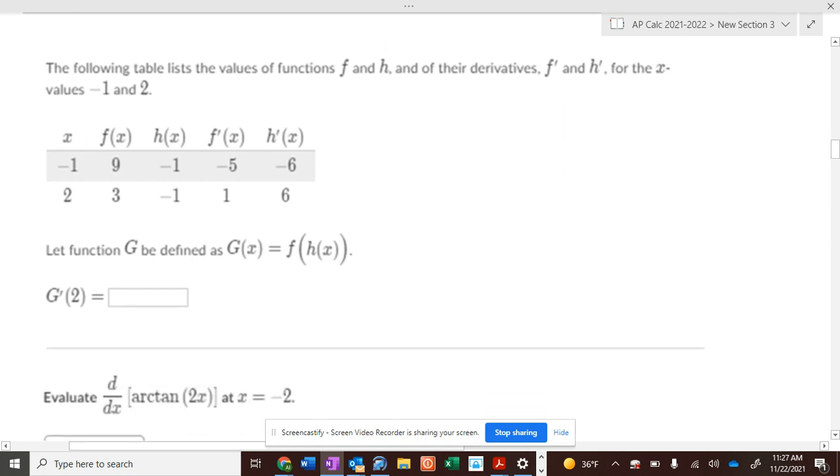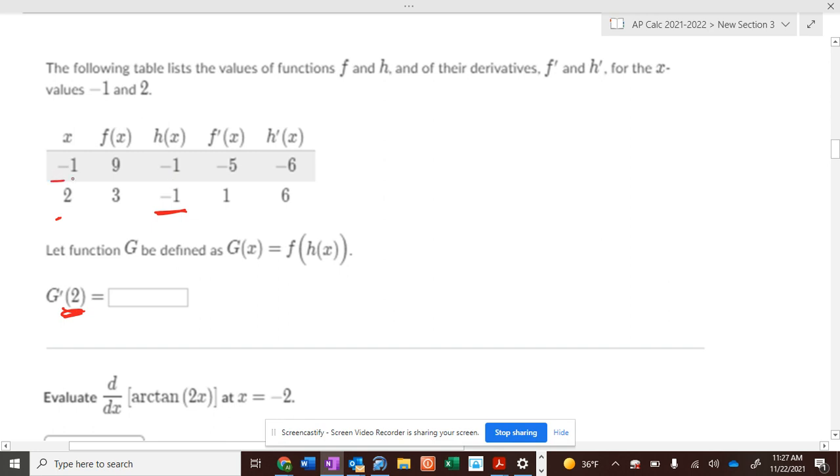All right, this one, f of h of x. So then, are we doing inverses here? No, this is not an inverse. Oh, it is. It's the first derivative of g, which is f of h of x. So you go to h of x. Okay, so at 2, you go to the h of x.